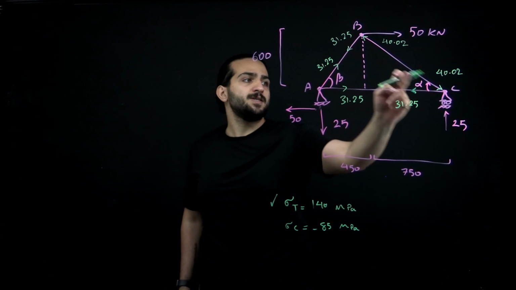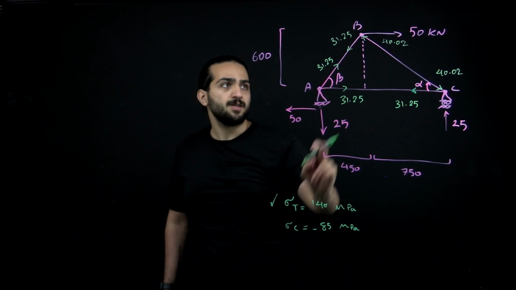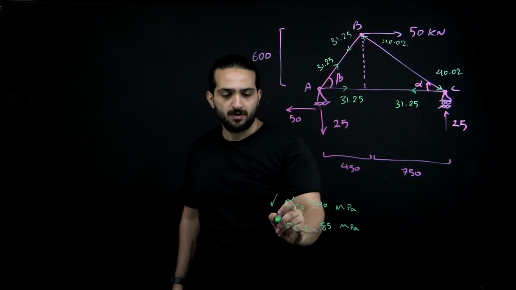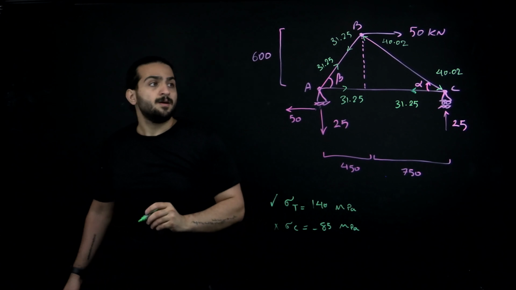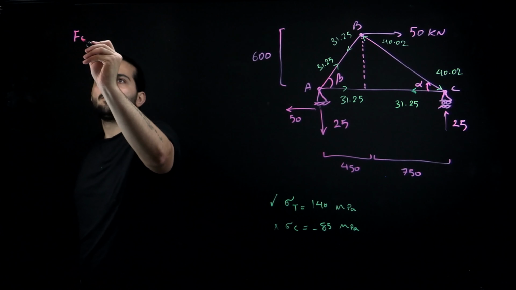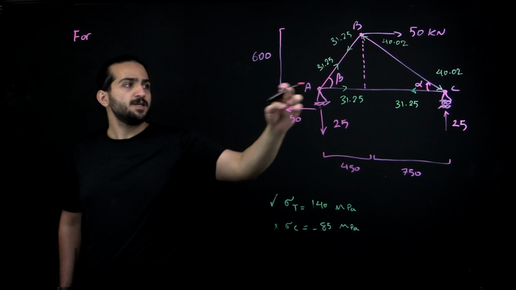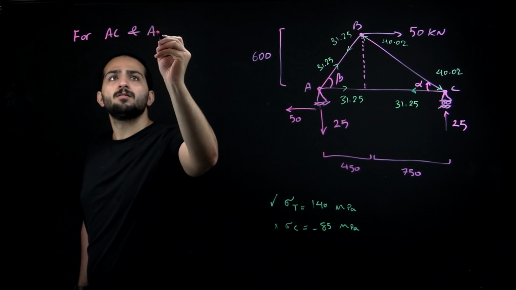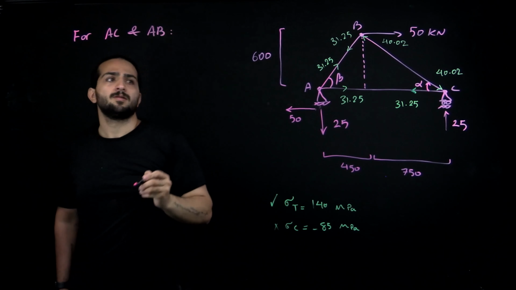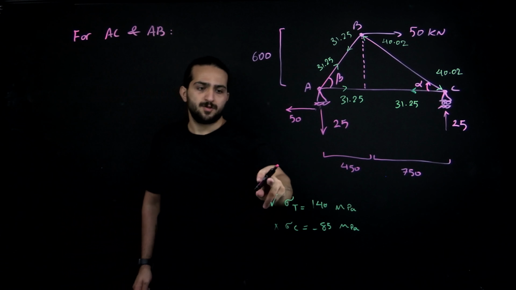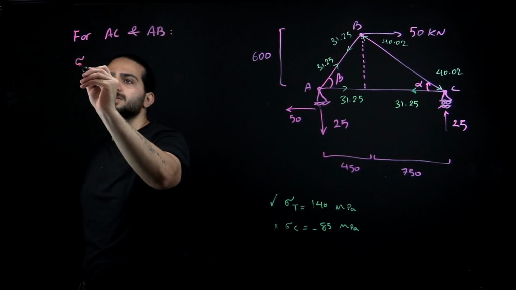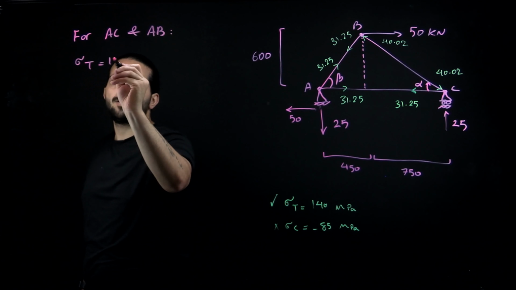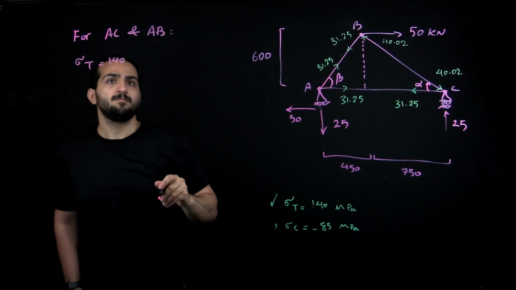And member BC is in compression, so we're going to use this. For AC and AB, we're going to use sigma T is 140 megapascal.